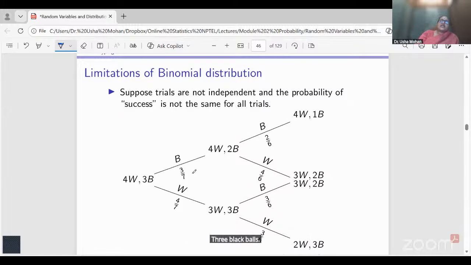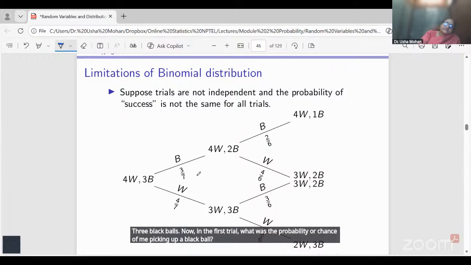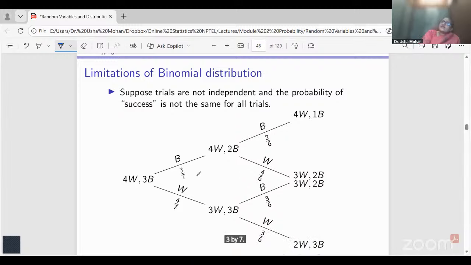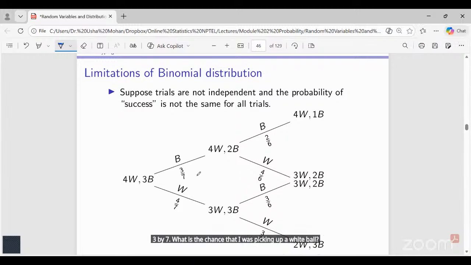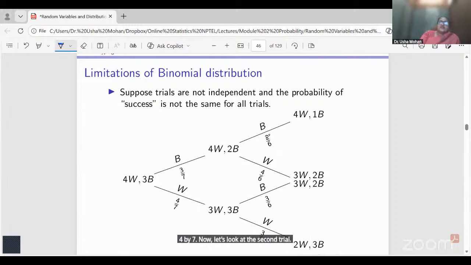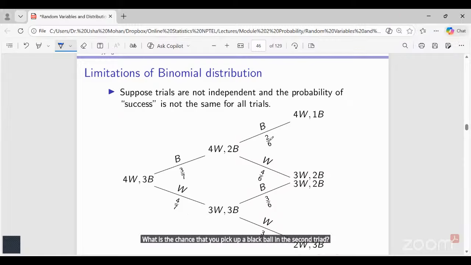Now, in the first trial, what is the probability or chance of me picking up a black ball? 3 by 7. What was the chance that I was picking up a white ball? 4 by 7. Now, let's look at the second trial. What is the chance that you pick up a black ball in the second trial? 2 by 6.